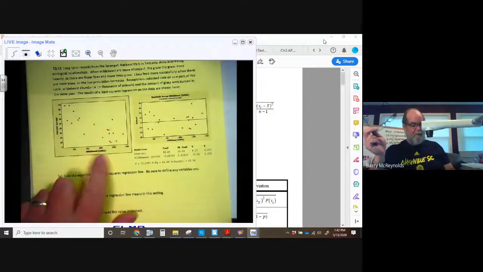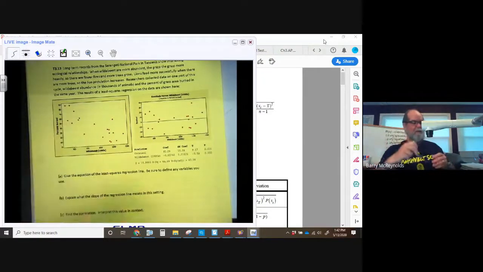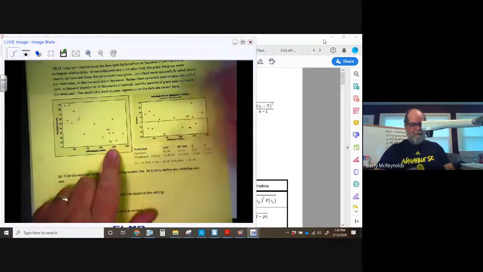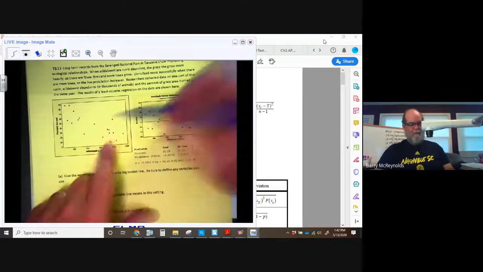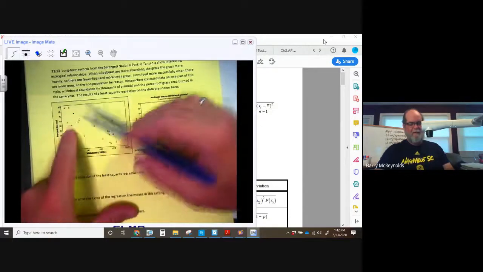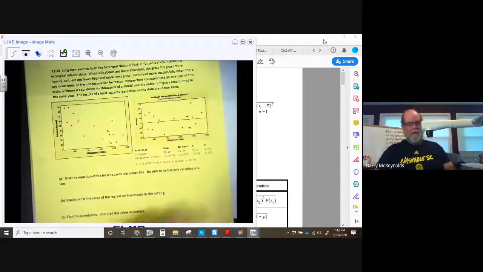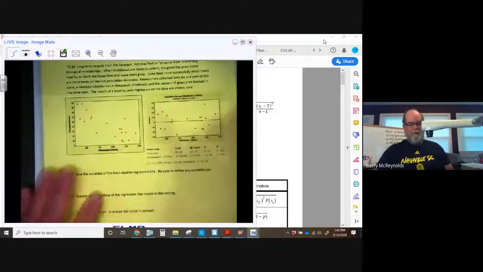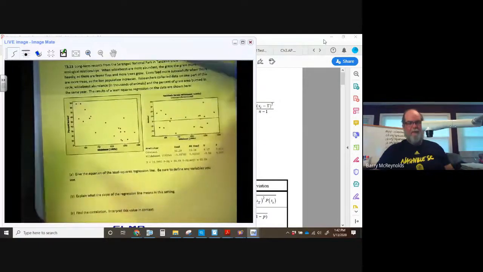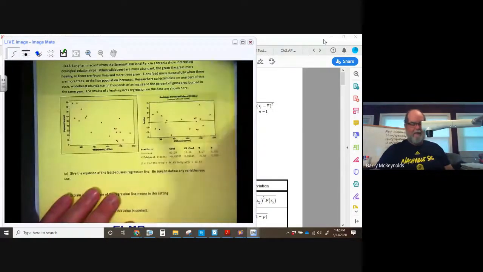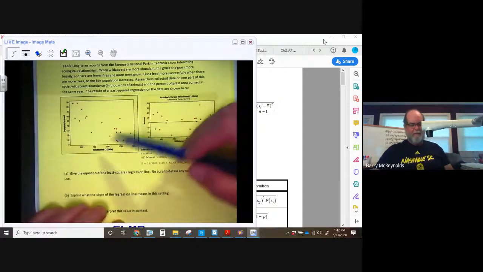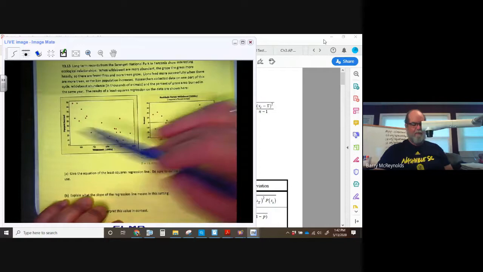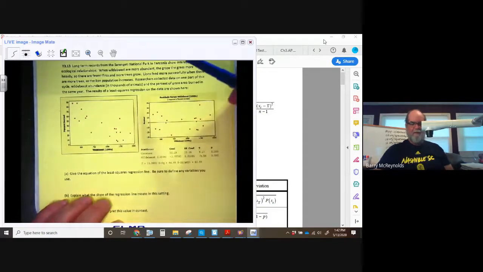This is thousands of wildebeest and % burned. Okay, so the more wildebeest in an area, the lower the percentage of burn. The fewer, the higher percentage of burn. And so that's the data.